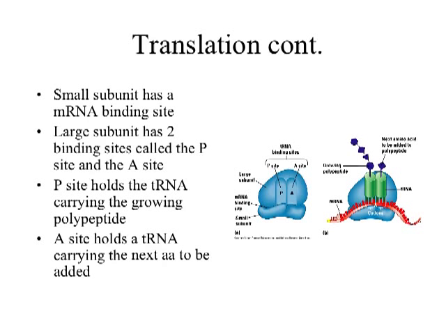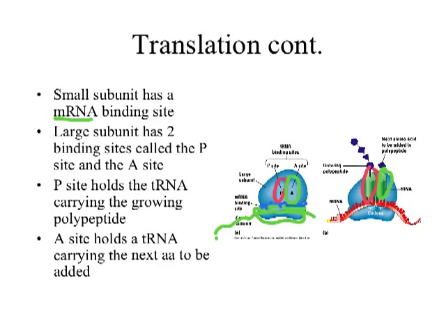All right, so the small subunit of the ribosome, this guy down here, is going to have an mRNA binding site. So this is kind of where the mRNA is going to feed through, with its little codons up here. And then the large subunit has two binding sites, one called the P site and one called the A site. Okay, so if we take a look, here's the P site, it's the same as this guy over here, and here's the A site.